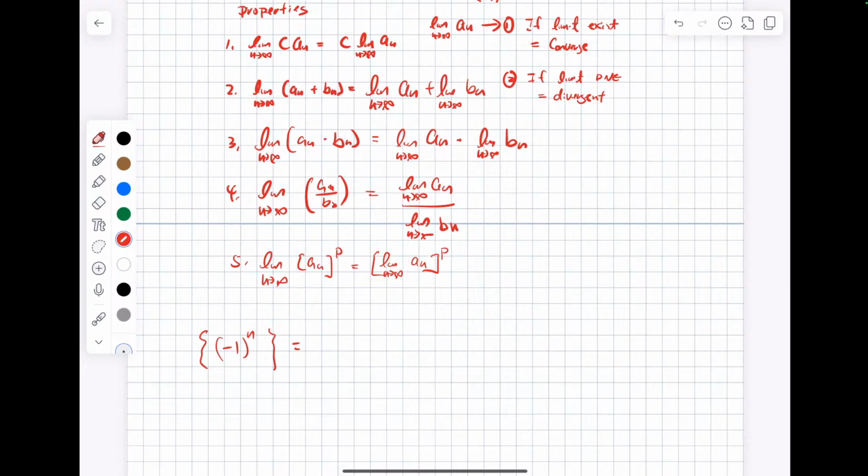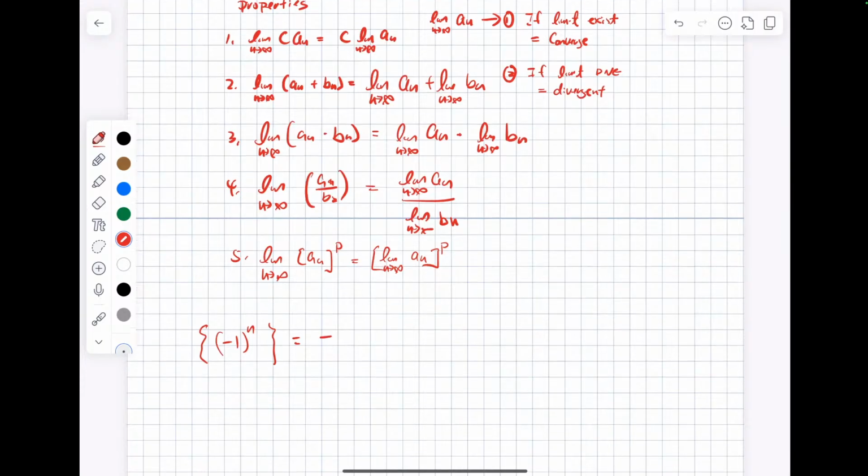All right, so (-1)^n. This sequence looks like this: -1, +1, -1, +1. Right? So does this limit exist? No, it doesn't. Remember the oscillation?